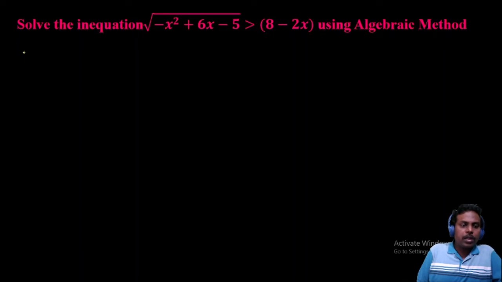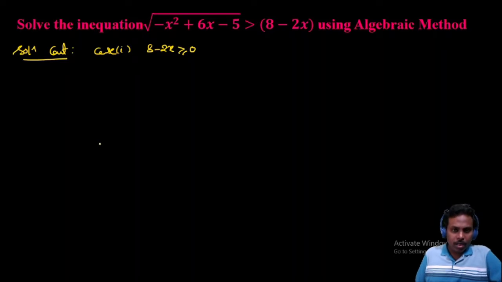The solution continues here. So we are in case 1. Case 1 is 8 minus 2x is greater than or equal to 0. Now what did we get here?